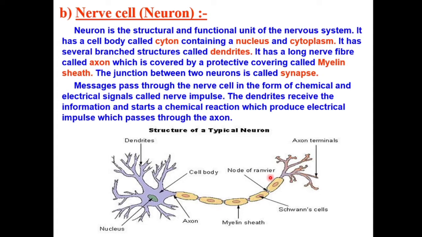If it is being passed from your hand to your brain, there should be a wire-like mechanism. That mechanism is done by the neuron. Every nerve cell works like a wire, like an electrical wire. So it conveys the information in the form of electrical signal and chemical signal.